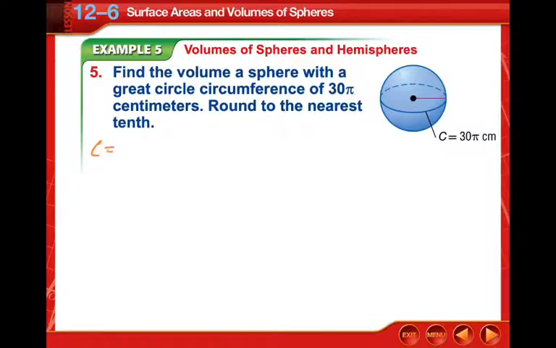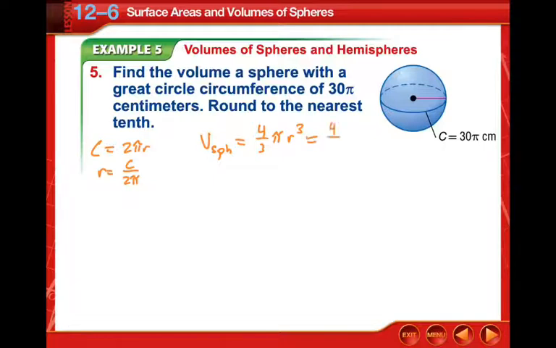So the circumference again is 2 pi r. The radius again is the circumference over 2 pi. So now we have that. Again, our formula for the volume of a sphere is equal to 4/3 pi r cubed. Now, this one kind of gets ugly because we're cubing, but it's not too bad.